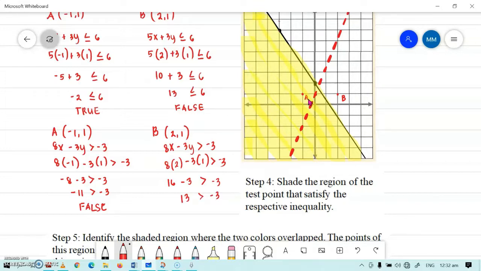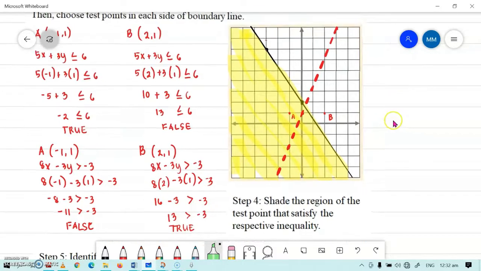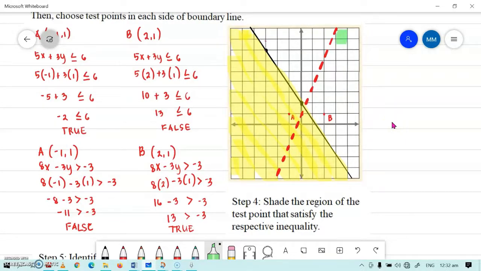Now, is 13 greater than -3? Yes. So meaning to say, our second inequality is satisfied by test point B. So since test point B satisfied our second inequality, we will shade the side of test point B for the second inequality. Shade properly.